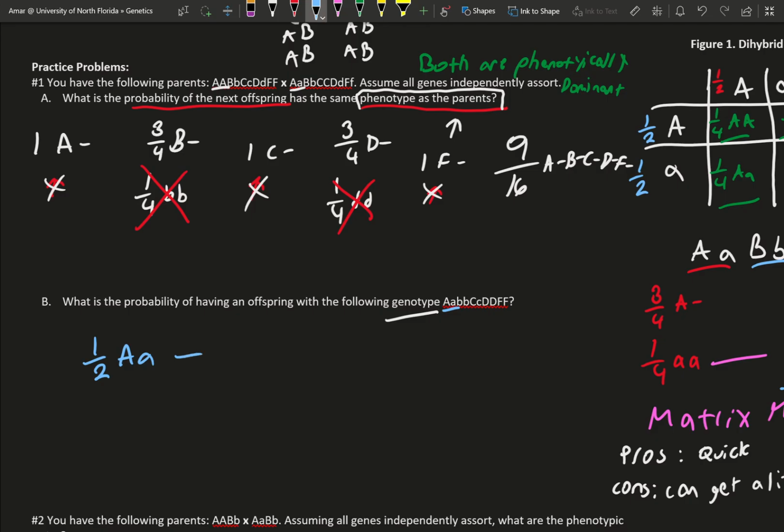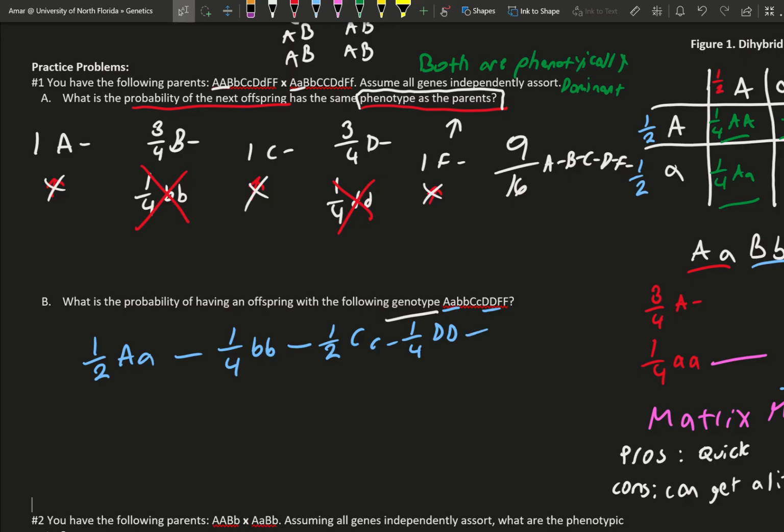So next, big B, little b with big B, little b, you would have a 1/4 chance to get little b, little b. Big C, little c with big C, you would have a 1/2 probability of getting big C, little c. Big D, probability is equal to 1/4 big D from a big D, little d cross.